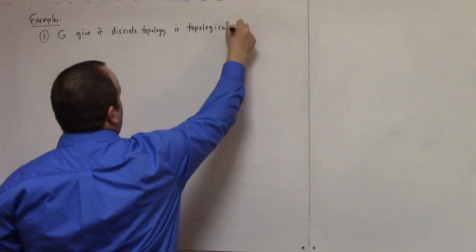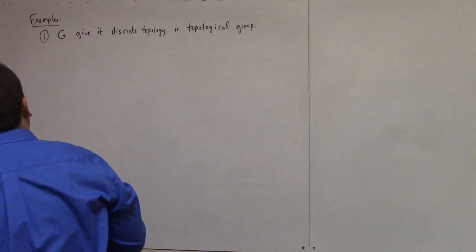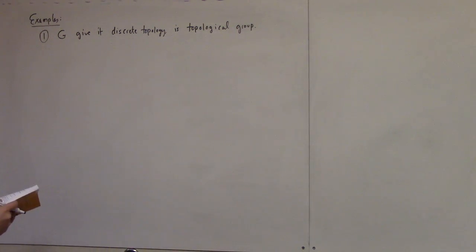See, that to me, maybe a topological group isn't too strong a structure. Well, I don't know. So every group is a topological group then, in view of that.